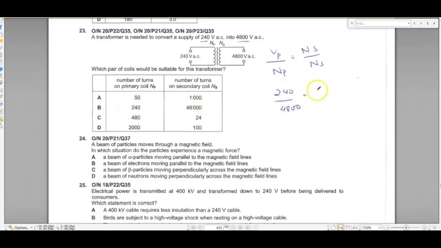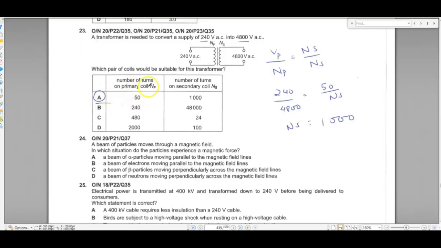So NP we can take as 50 for the first option, and then NS we can find and see whether it comes to be 1000 or not. So after we solve this, NS comes to be 1000. Okay, so this means that this option is correct.